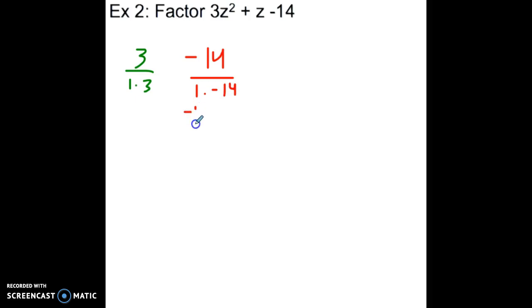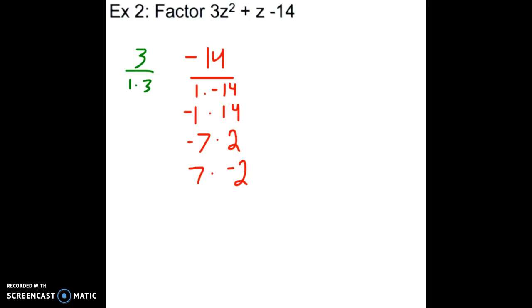I've got negative 1 times a positive 14. I've got negative 7 times 2. And I've got 7 times negative 2.